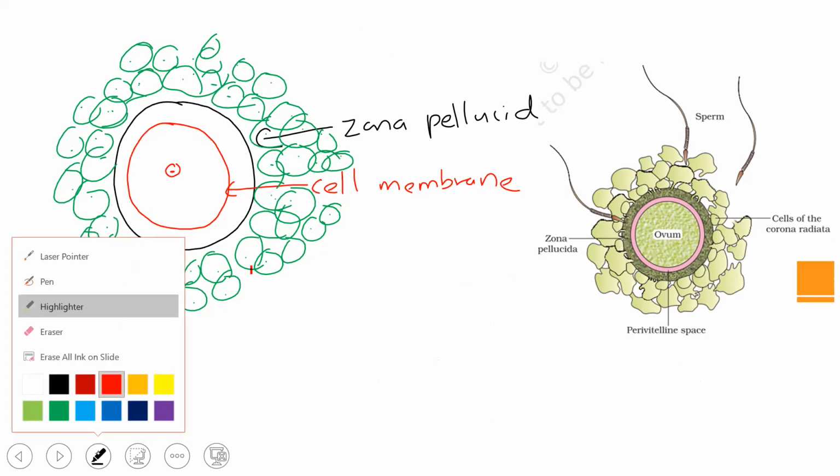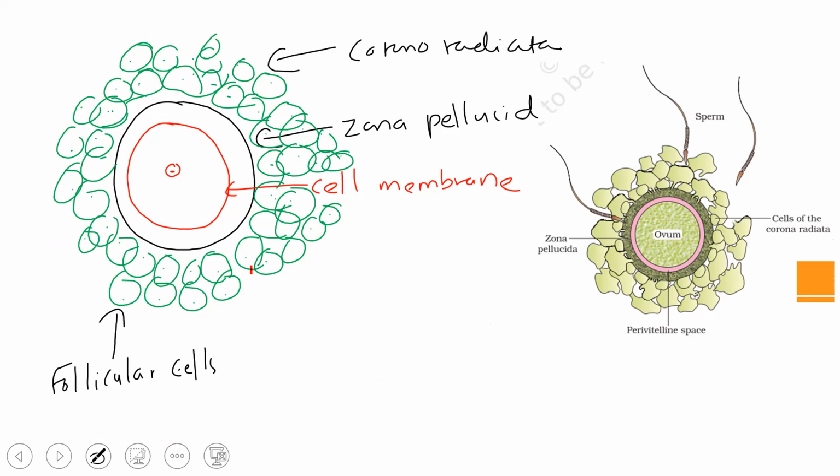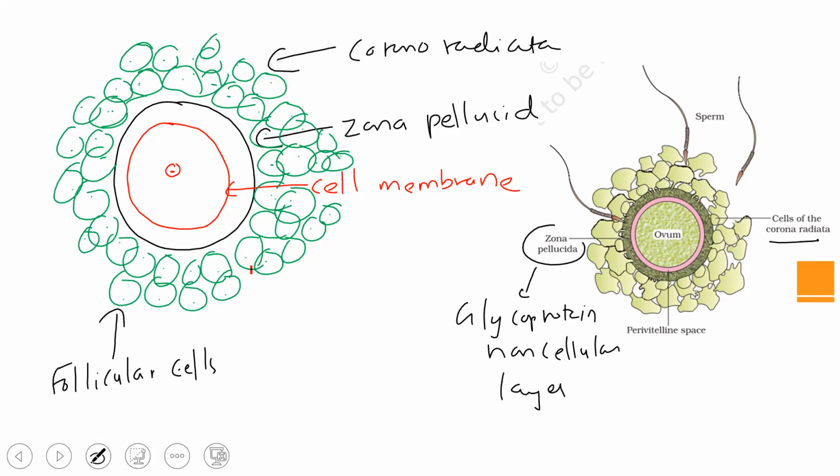These cells are follicular cells, and this layer is the corona radiata. This is the glycoprotein non-cellular layer, the zona pellucida. It got deleted, so I'm writing it again. All of these cells are corona radiata cells.